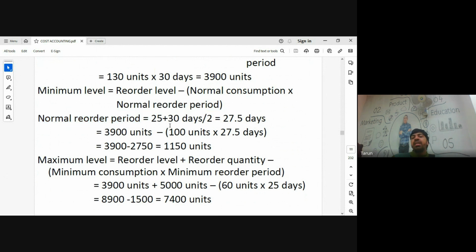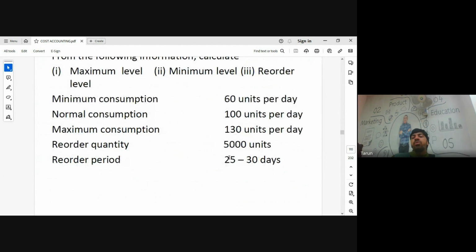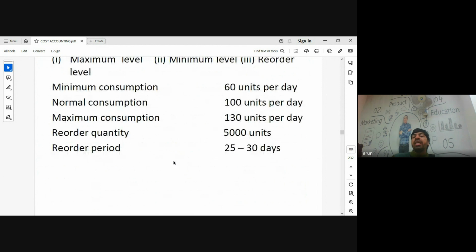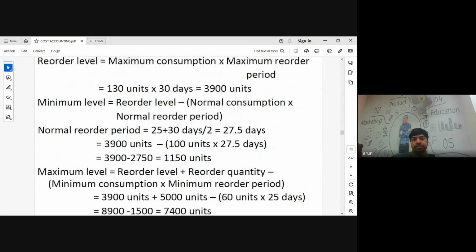So 25 plus 30 days divided by 2. This is the formula: minimum reorder period plus maximum reorder period, divided by 2. You will get the normal reorder period.